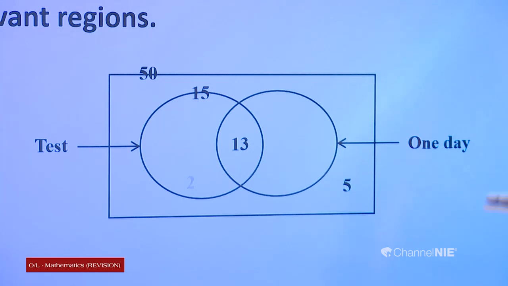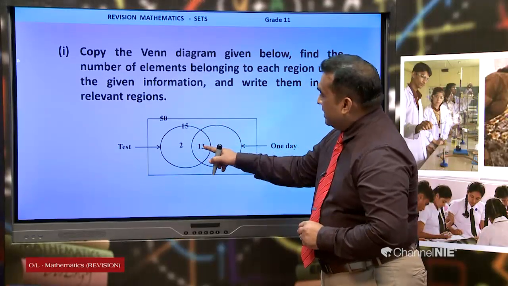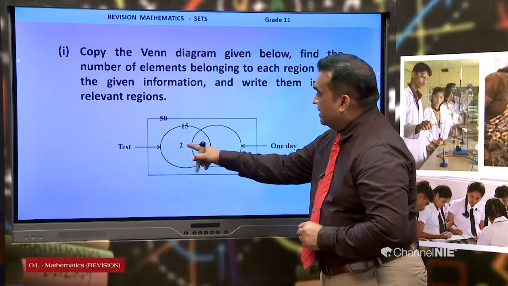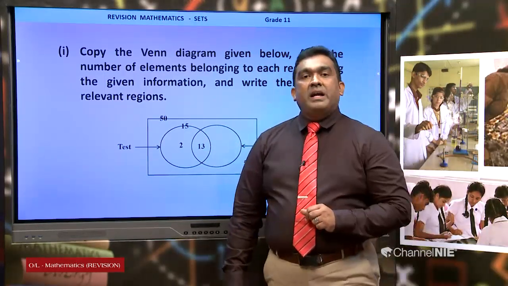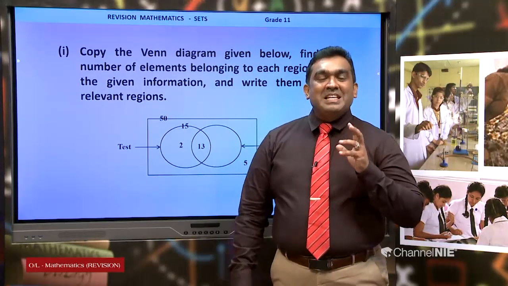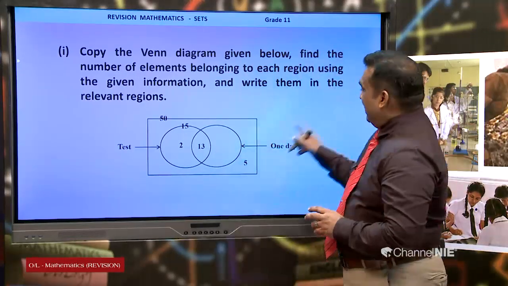Now, 2 plus 13 is 15. How to get this 2? 15 minus 13 is 2. We are going to find the elements corresponding to each region according to the question, right?